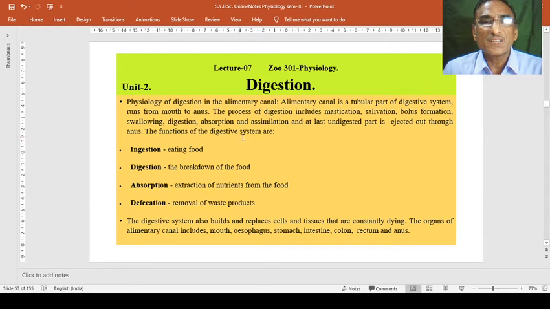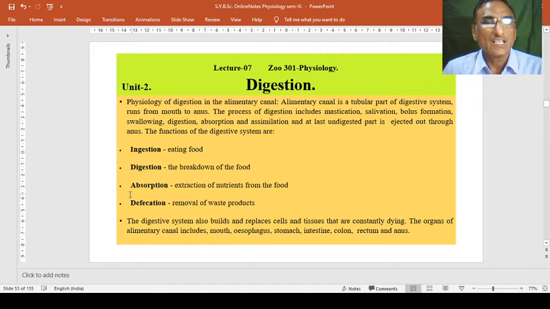The functions of the digestive system are ingestion, digestion, absorption, and defecation. Ingestion means taking in food, or eating food. Digestion, as we have already seen, is the breakdown of food material, meaning macromolecules are broken down into micromolecules.